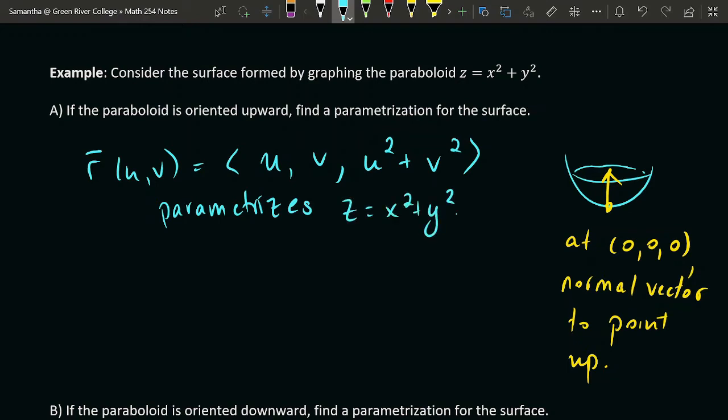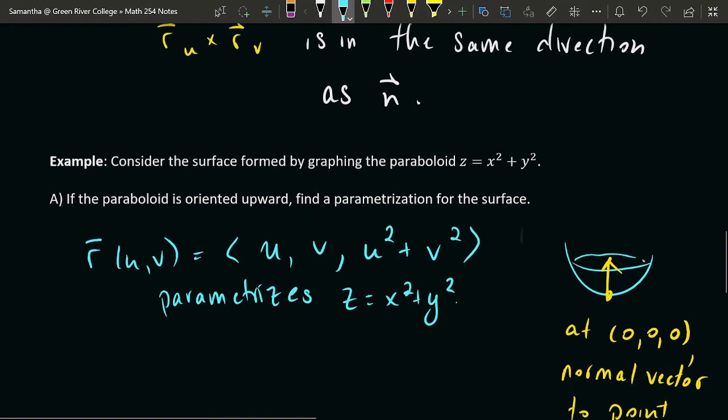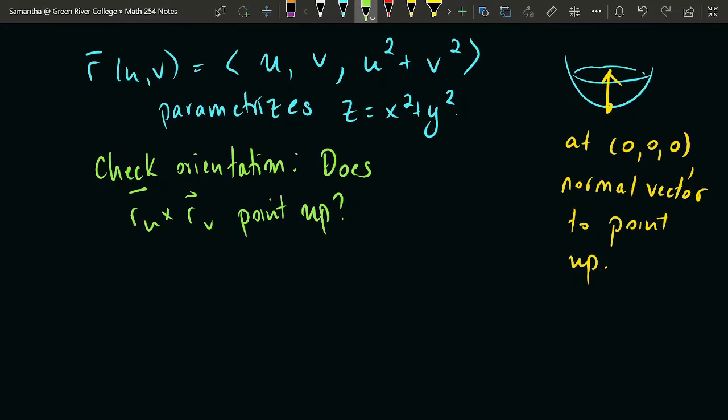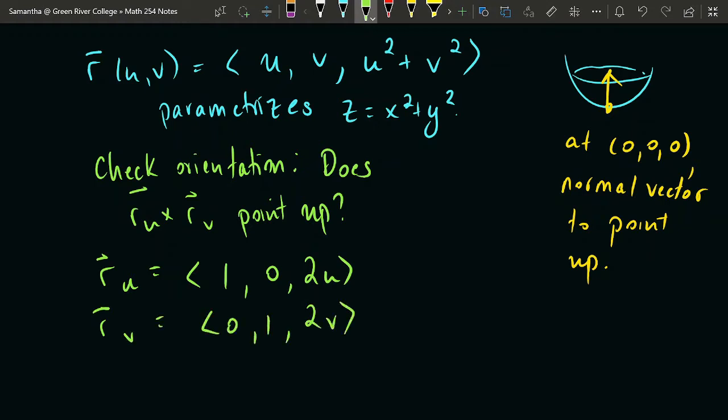Now, let's quickly check the orientation that corresponds to this r sub uv to make sure that r sub u cross r sub v truly points upward. Let's begin by finding these partial derivatives. R sub u would be equal to 1, 0, 2u, and r sub v would be equal to 0, 1, 2v.